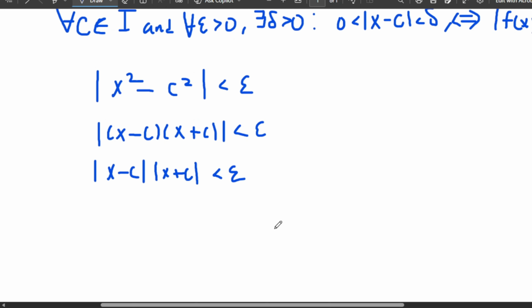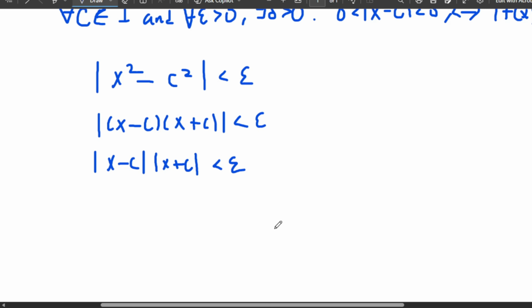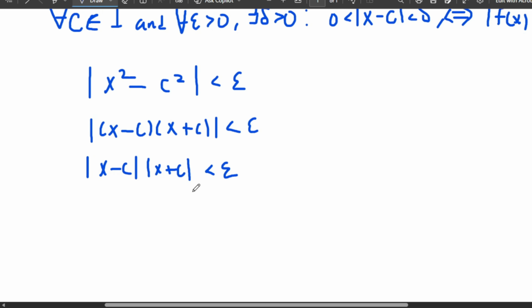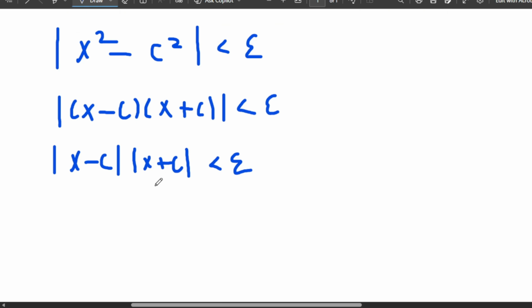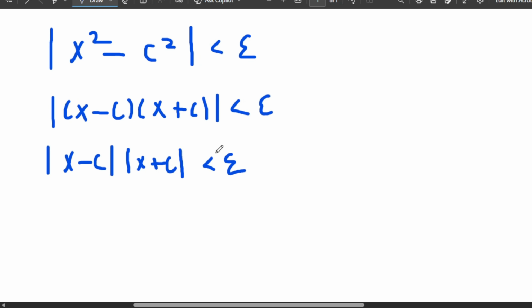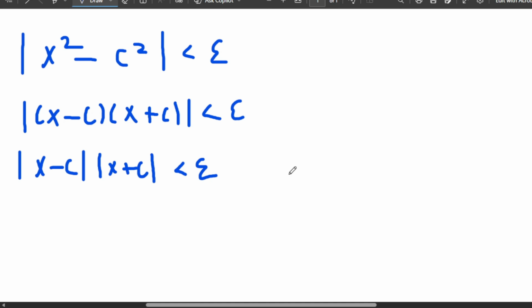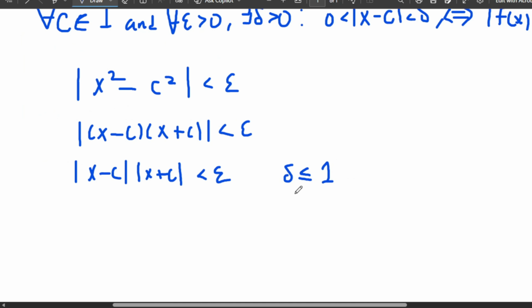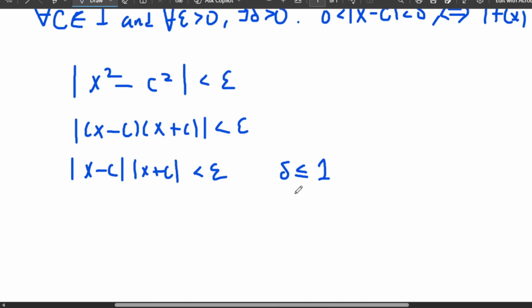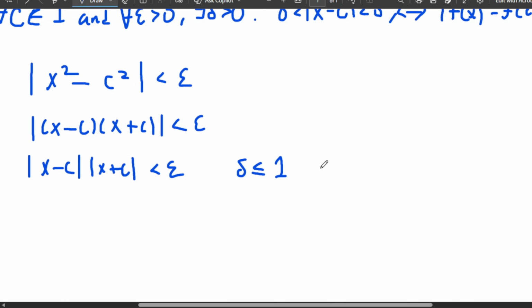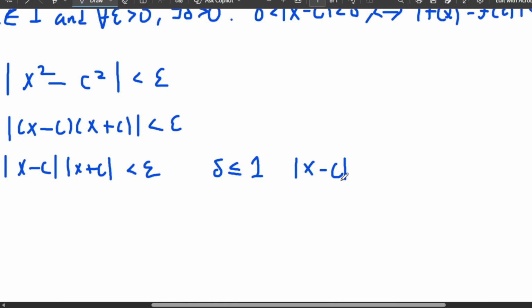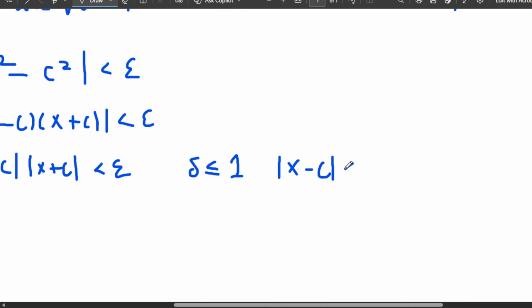Now we need an upper bound. We want x plus C to not be a very big number or go to infinity. So we need a restriction that delta is less than or equal to 1. In that case, our distance x minus C must be less than 1.